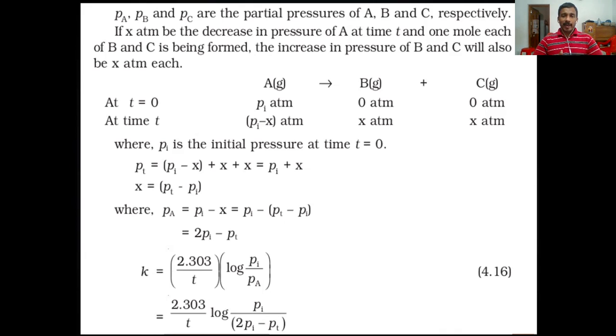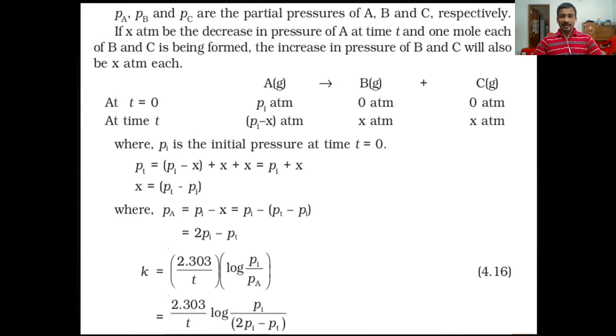So the pressure of A will reduce to Pi minus X, and if there is a reduction of X atmosphere in its partial pressure, that will be converted to B and C, or we can say partial pressure of B is X atmosphere and partial pressure of C is X atmosphere.